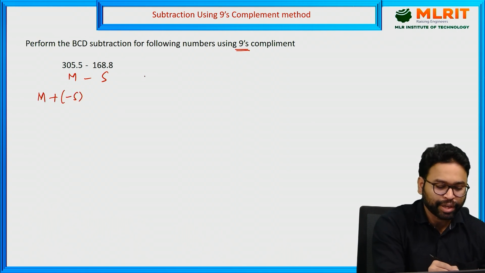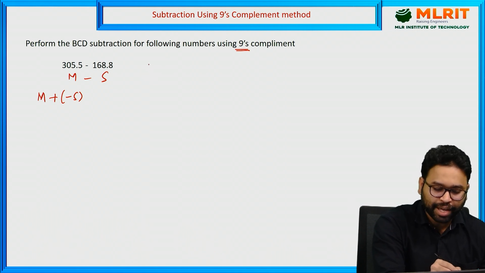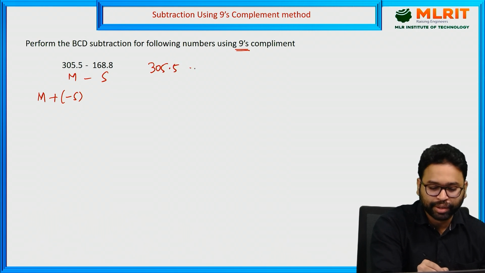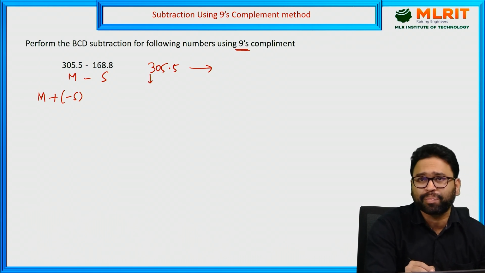Let's represent the minuend value in terms of BCD value. It is given as 305.5. Let's represent that value in terms of BCD. BCD means each and every digit should be represented in a 4-bit binary equivalent value.